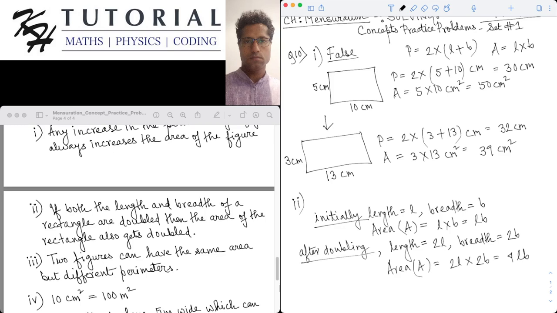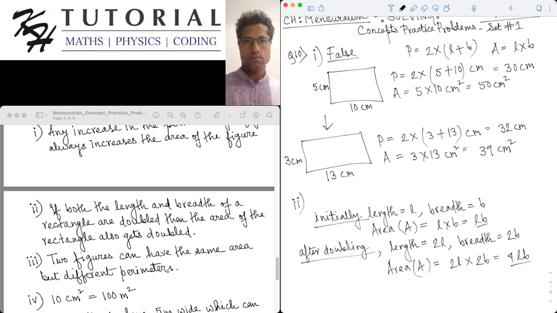So we see that the area has become 4 times. Initially the area was L into B, and now after the length and breadth have been doubled, the area has become 4LB. So it is 4 times.